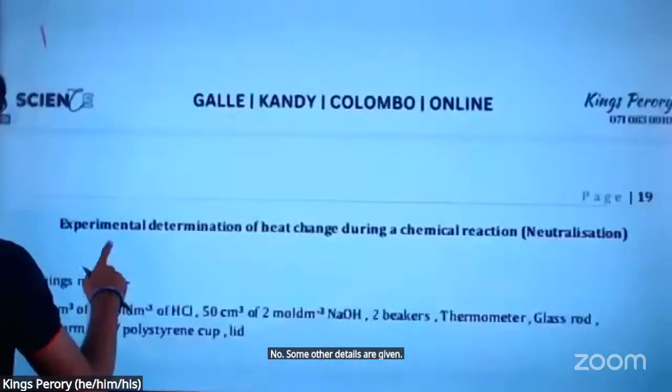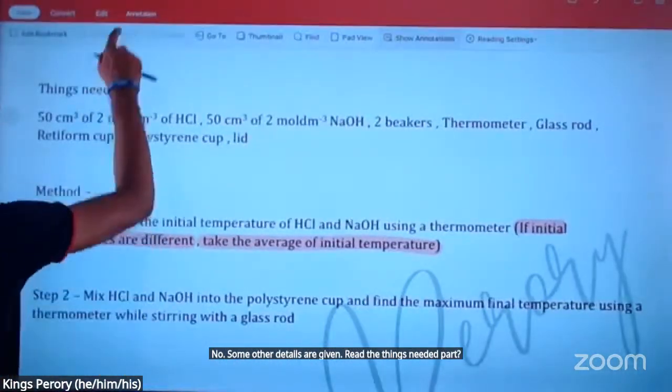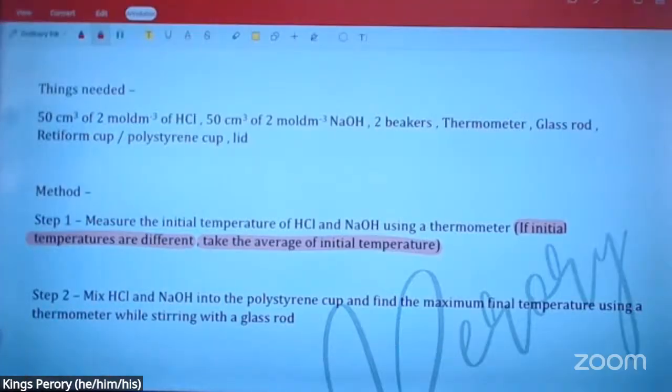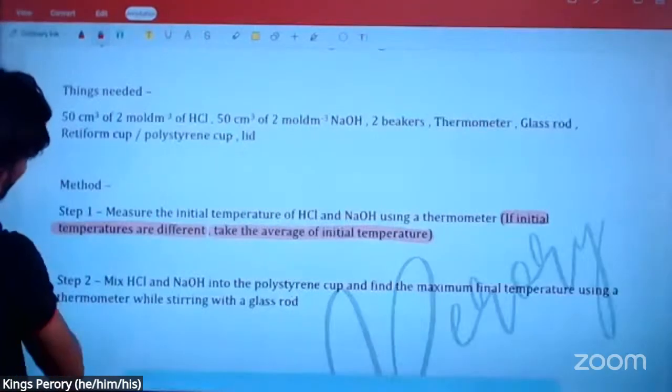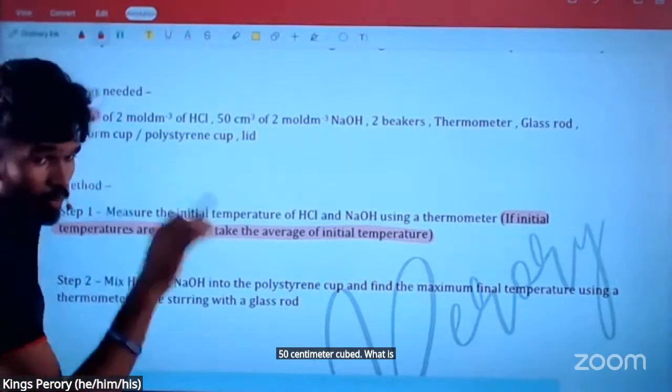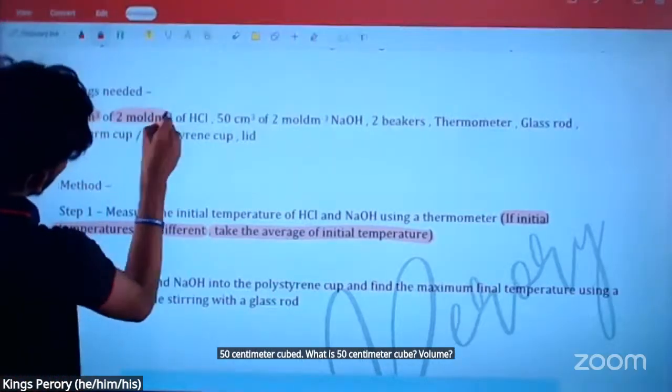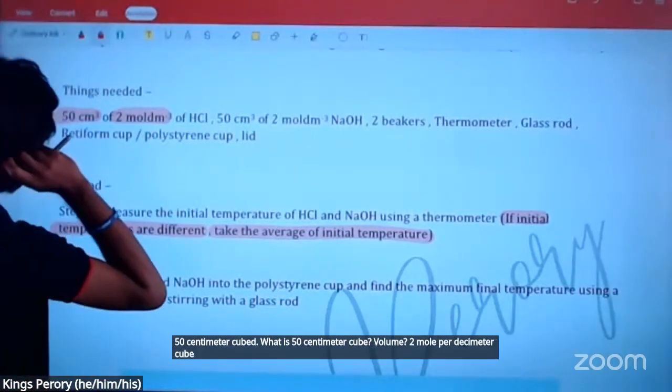Read the things needed part. 50 centimeter cube is volume. 2 mole per decimeter cube is the concentration of HCl. Volume of HCl is 50 centimeter cube, concentration of HCl is 2 mole per decimeter cube.